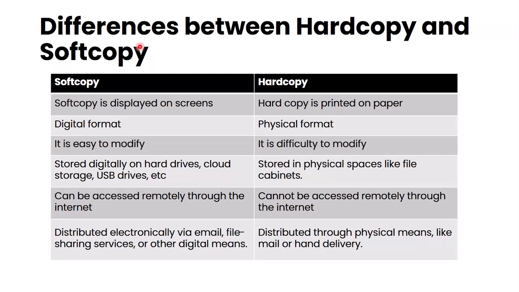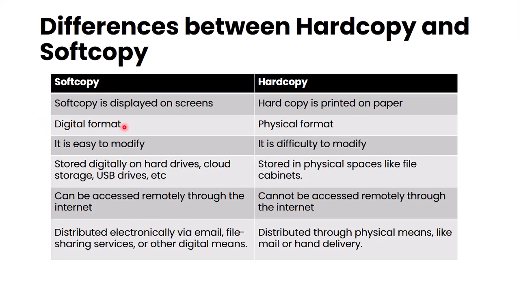Now let's look at the differences between hard copy and soft copy. What are some of the key differences between them? The first one is that soft copies are displayed on screens, but hard copies are printed on paper.